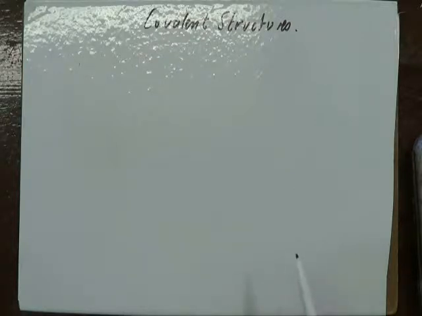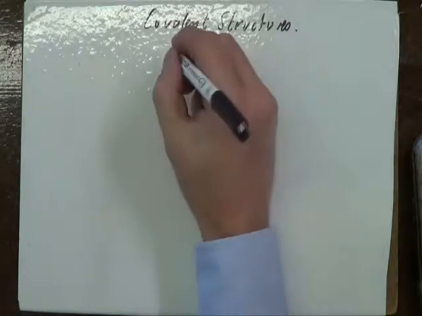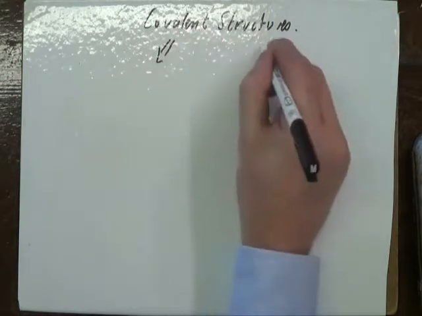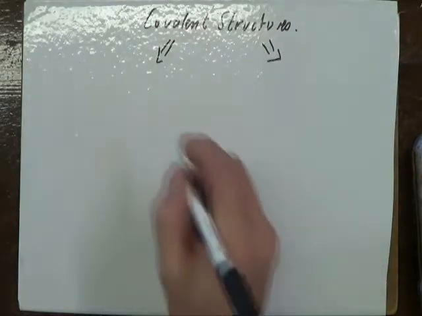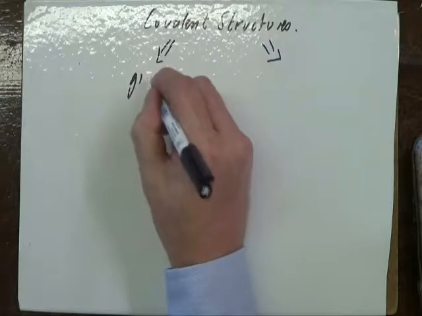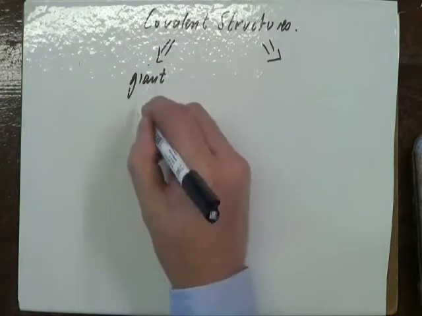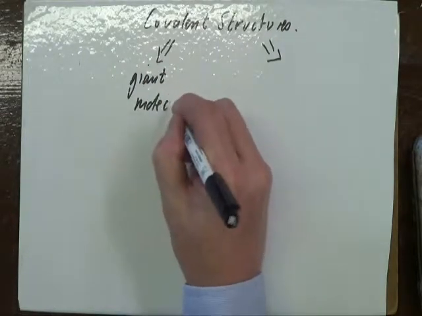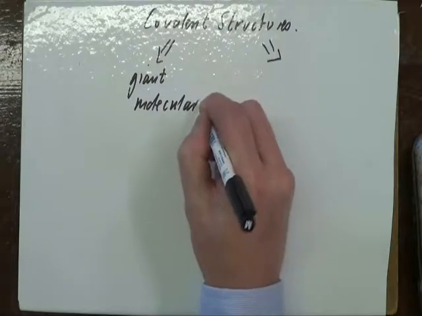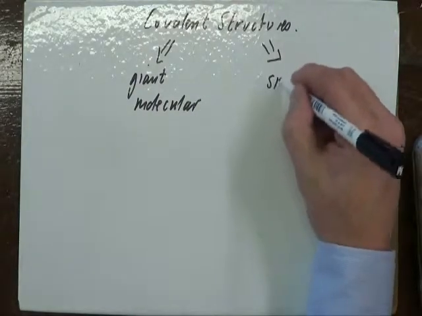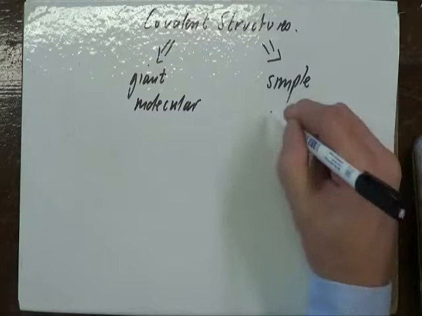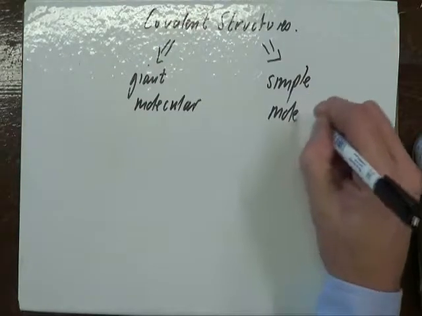Things are a little bit more complicated when it comes to covalent substances because we have two different types of structure. Okay, and they are giant molecules, giant molecular, and we have what we call simple molecular.